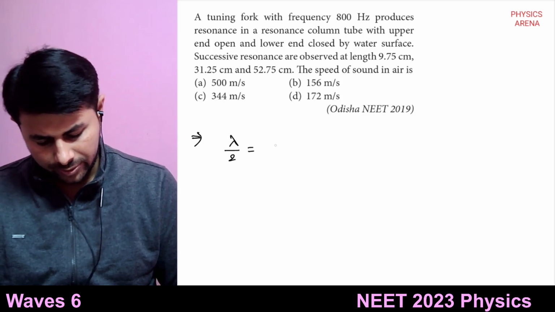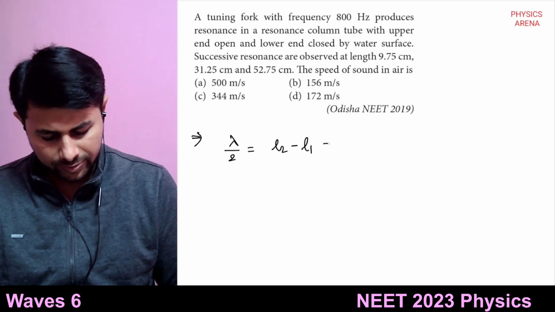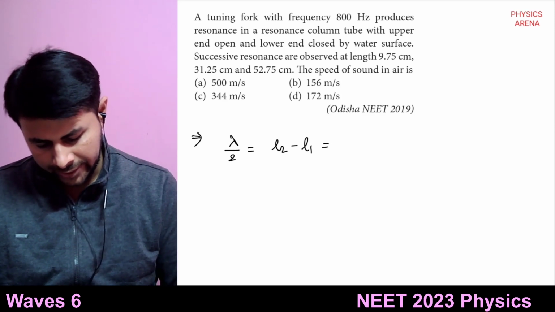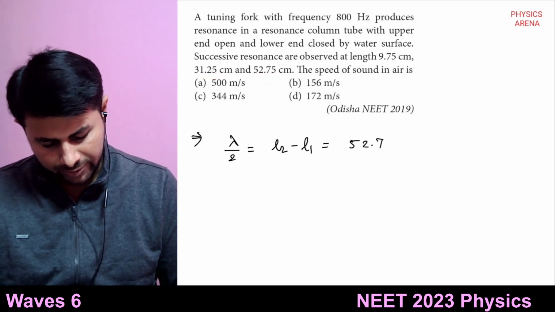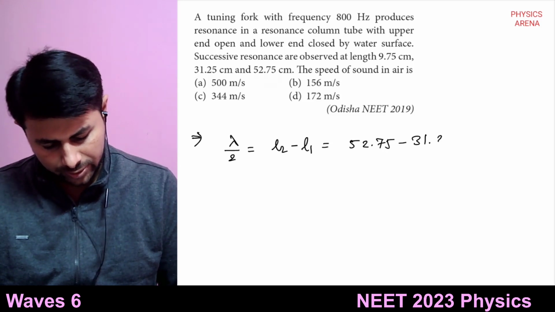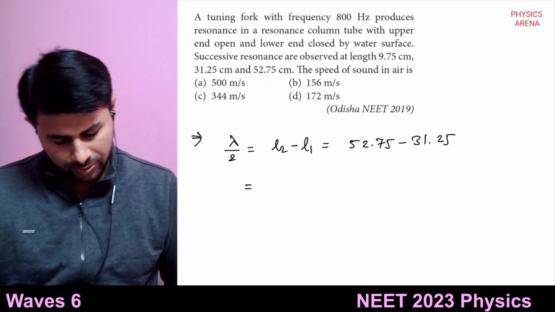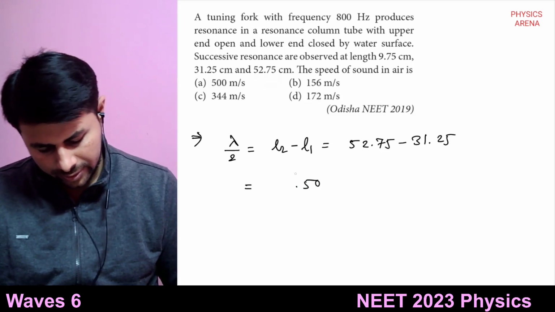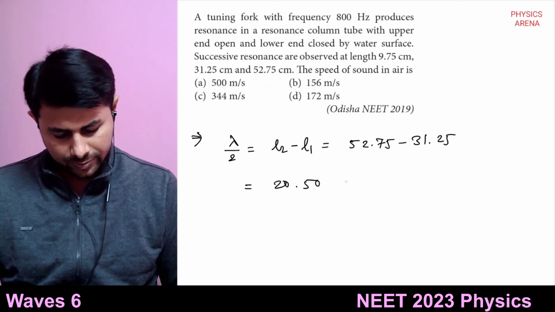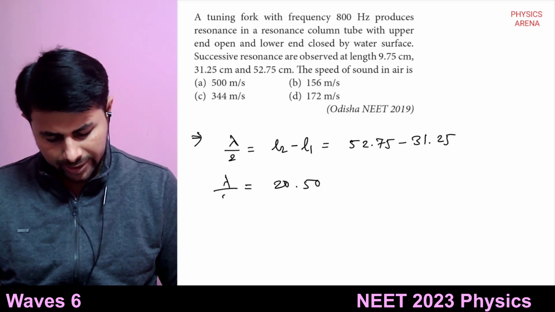Lambda by 2 is equal to L2 minus L1. So let's take this, L2 is this, L1 is this. So 52.75 minus 31.25. So how much is difference? 20.50. Right, this is lambda by 2.